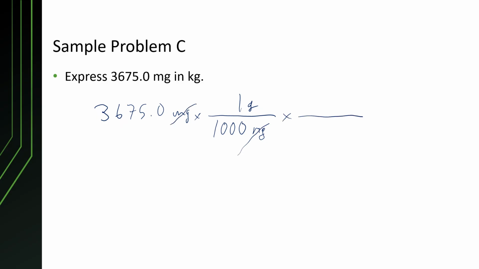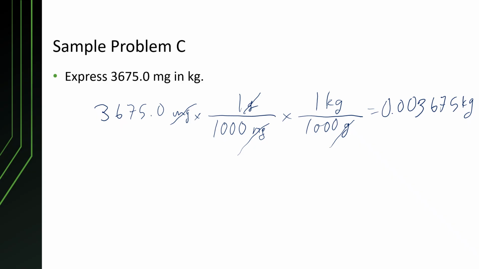I also know that there are 1,000 grams in 1 kilogram, because I know the prefix kilo means 1,000. And so grams can cancel. So in order for me to get from milligrams to kilograms, I divide by 1,000 twice. And so I get 0.003675 kilograms. That's my final answer.